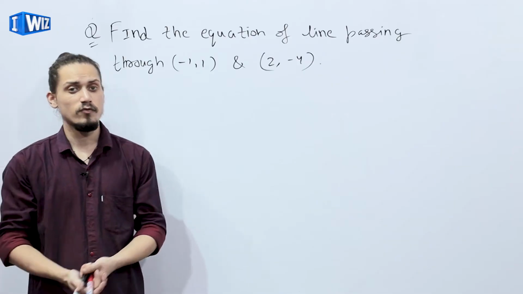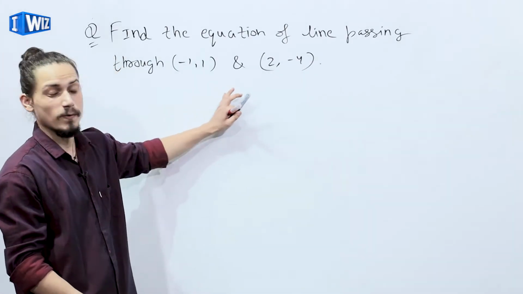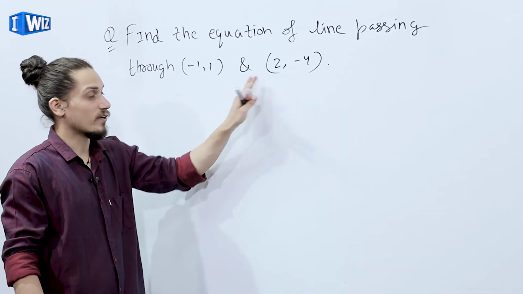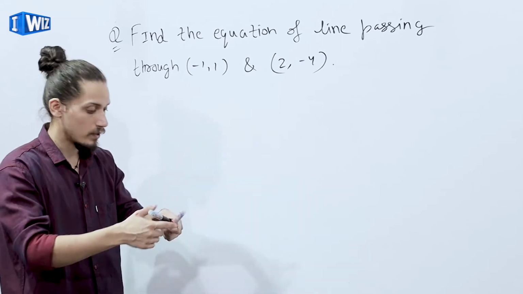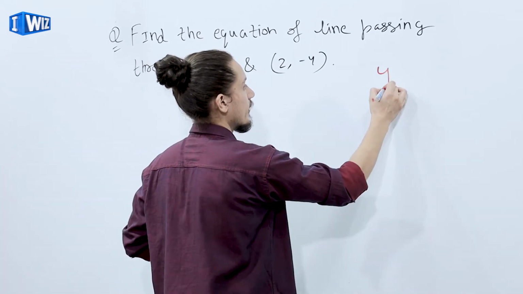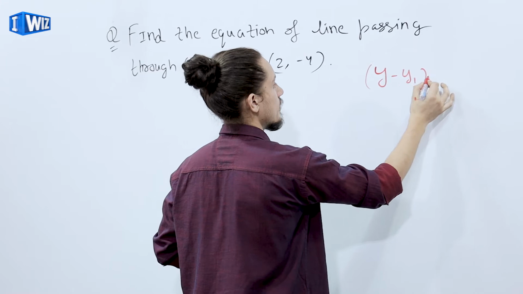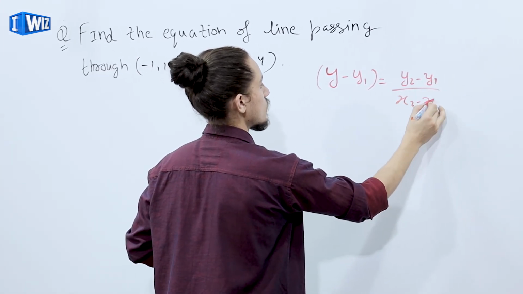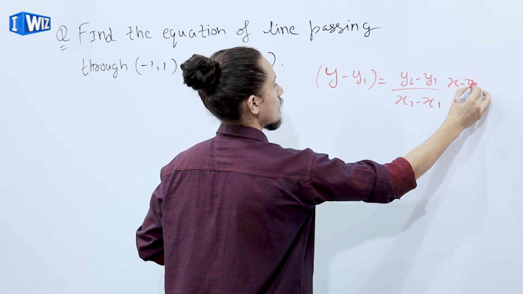In this example, we have to find equation of line which is passing through 2 points, (minus 1, 1) and (2, minus 4). Since there are 2 points given, we'll use 2-point form. And 2-point form is y minus y1 is equal to y2 minus y1 upon x2 minus x1 into x minus x1.